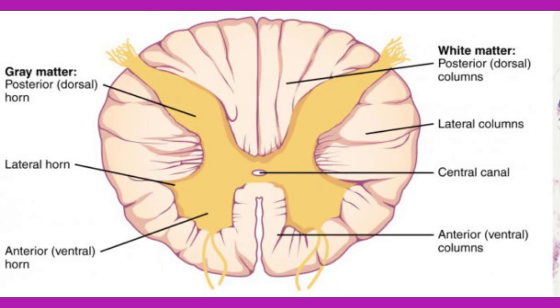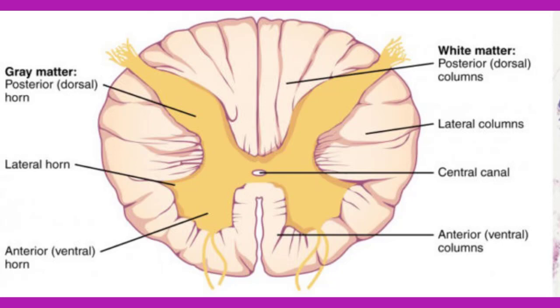Between the two anterior horns and bounded by the axons of motor neurons emerging from the gray matter area are the anterior columns. The white matter on either side of the spinal cord between the posterior horn and the axons of the anterior horn neurons are the lateral columns.